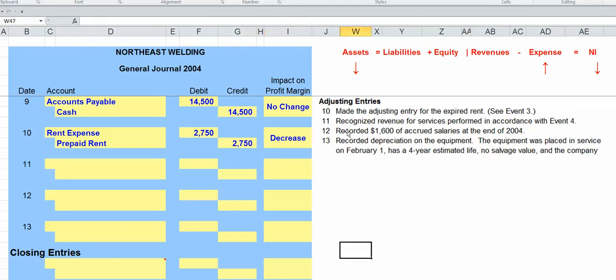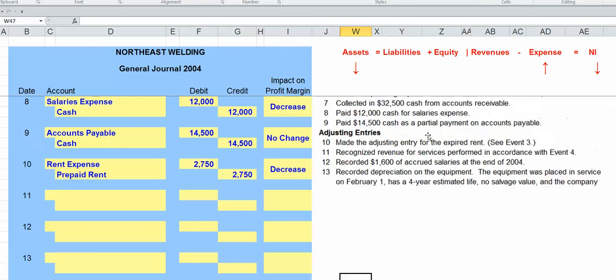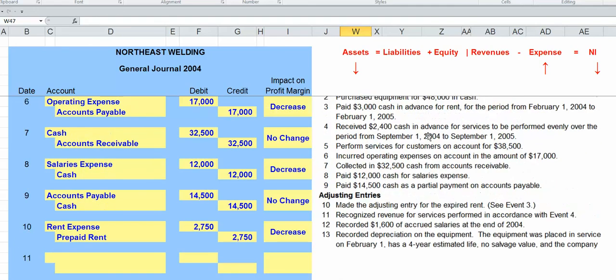Our next adjusting entry, number 11, is we recognize revenue for the services performed in accordance with event number 4. In event number 4, we received $2,400 in cash advance for services to be performed evenly over the period from September 1, 2004 to September 1, 2005.